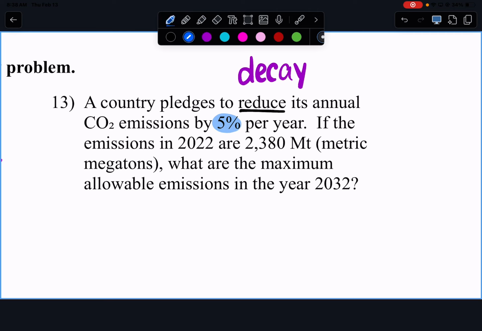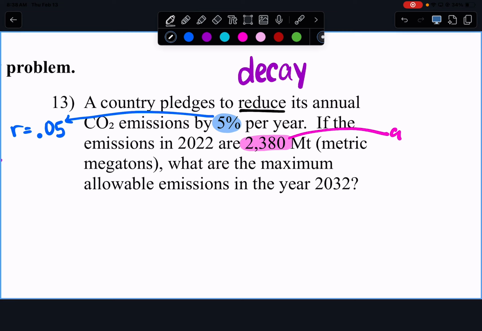So we know that R is equal to 0.05. If the emissions in 2022 are 2,380, that's our A, in metric megatons. Then it asks, what is the maximum allowable emissions in the year 2032?